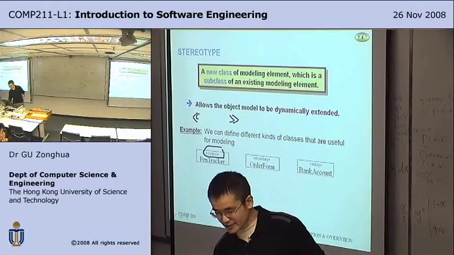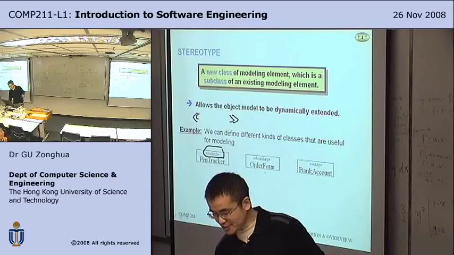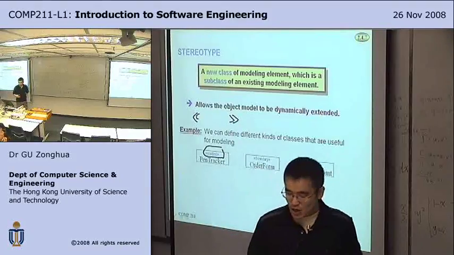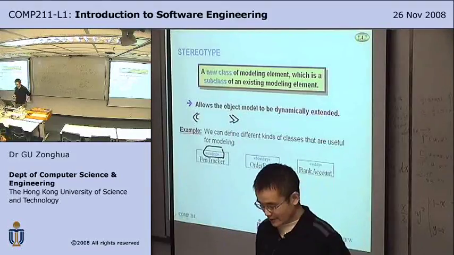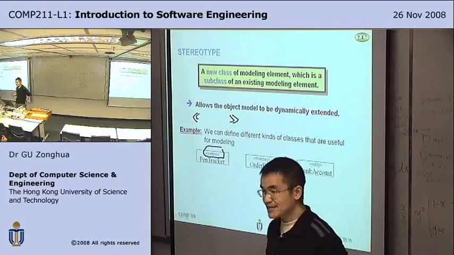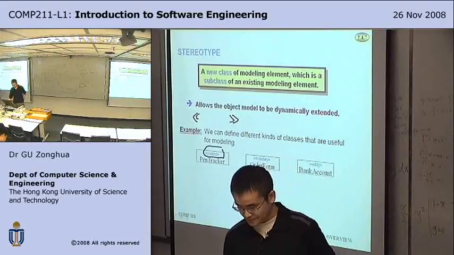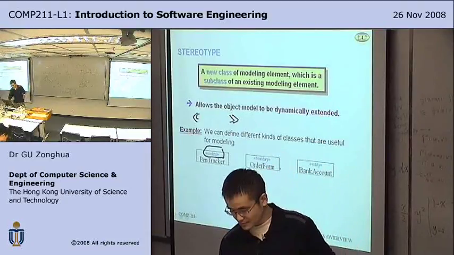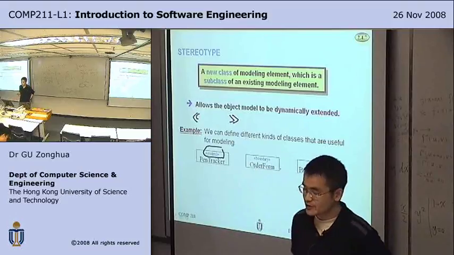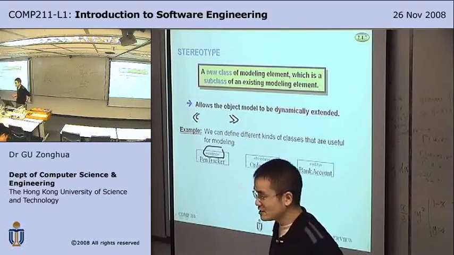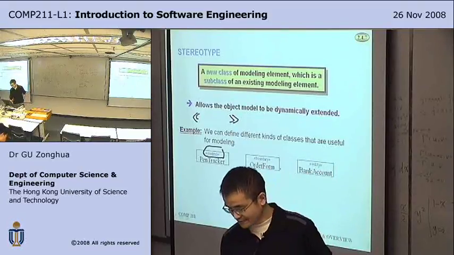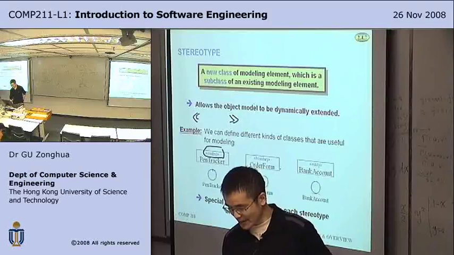Here, these are the control, boundary, and entity classes used in the analysis document. You can define your own stereotypes. These are predefined, commonly accepted stereotypes for control, entity, and boundary.